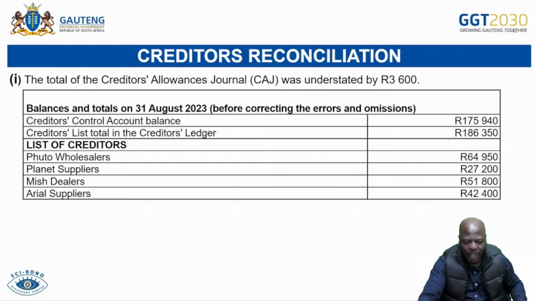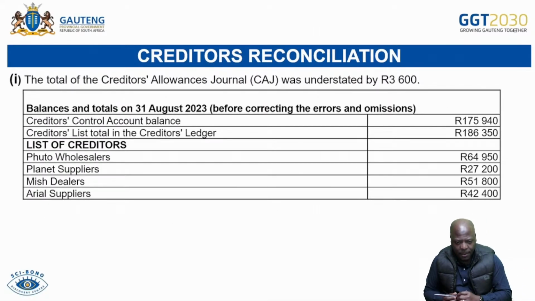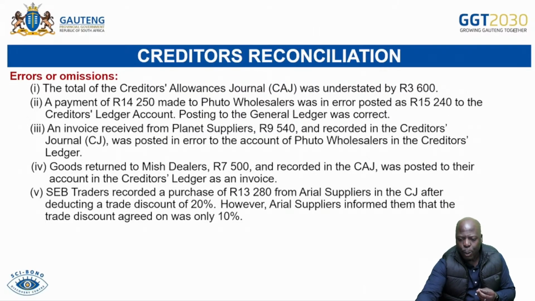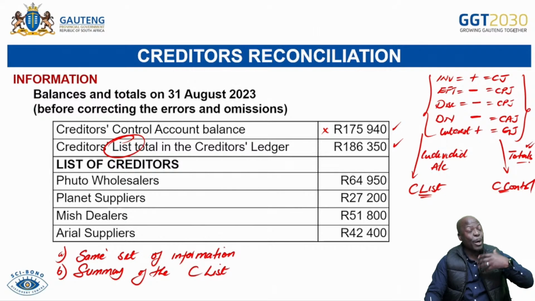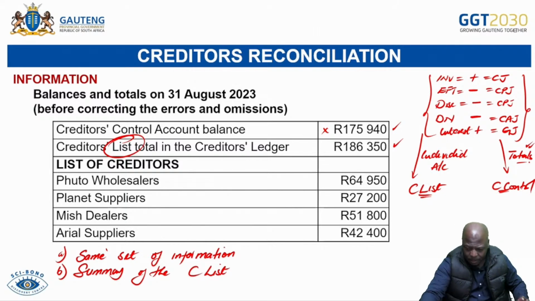Adjustment number 1. Okay, error and omission. It reads, the total of the creditor's allowances journal. So, if I were to bring you here, you can see that in the creditor's control, that's where we hear the word total. So once you hear the word total, it is trying to tell you where the error is. Let's go back.